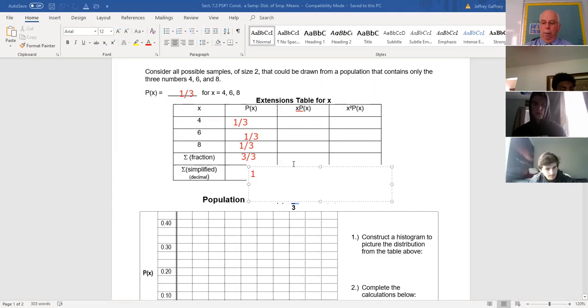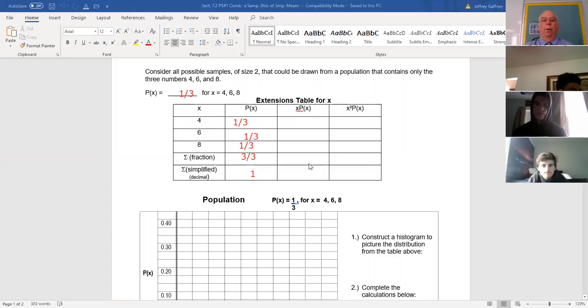The 1 is a big check because the sum of all outcomes has to equal 1. Now, we're going to do exactly what's circled there: we just multiply the first two columns times each other.